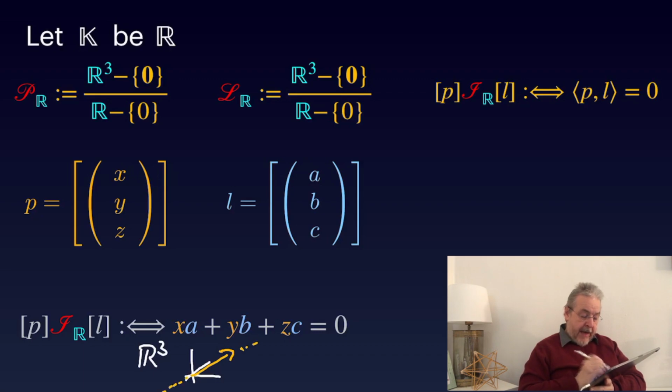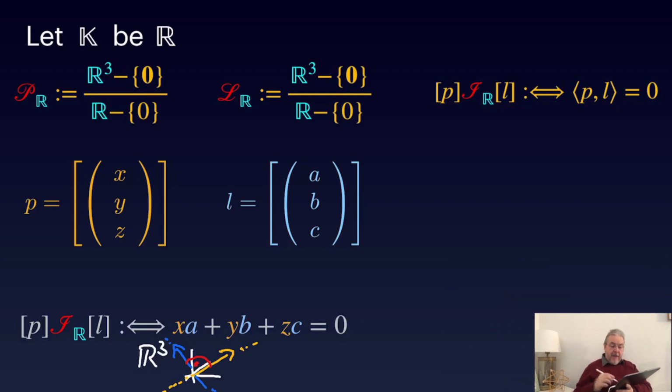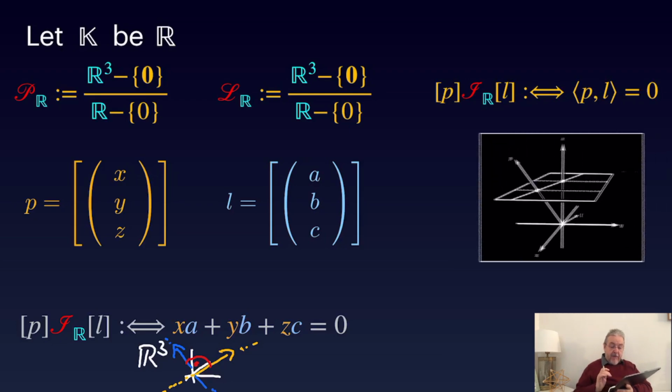Actually we could take any vector on that line, and let this be a line here, a representant of a line. Then we say these two objects are incident to each other if they are orthogonal in that space.